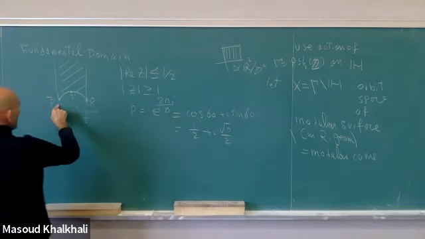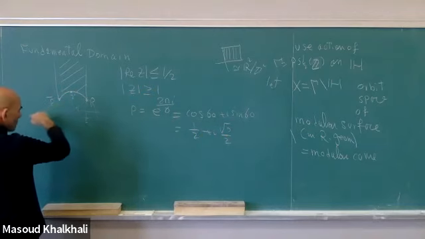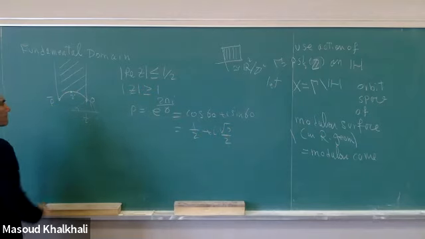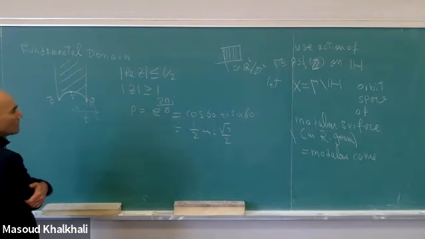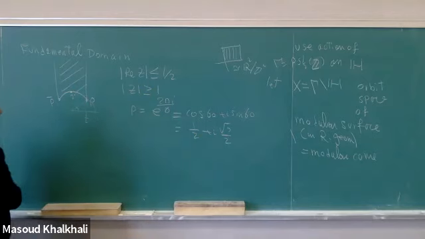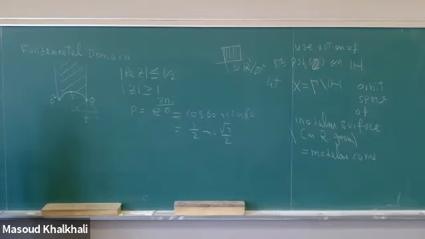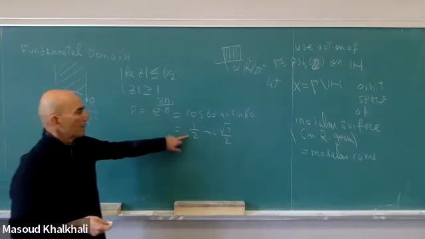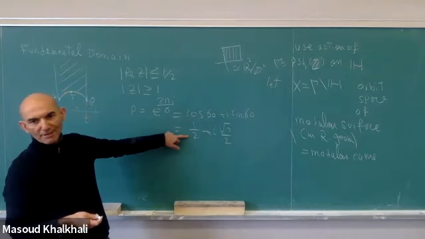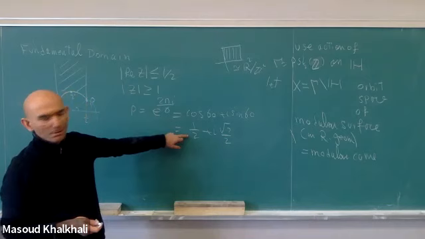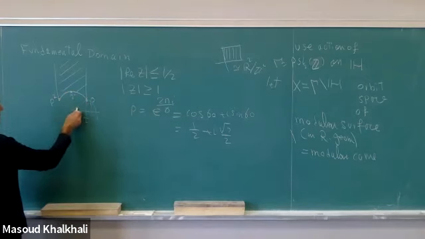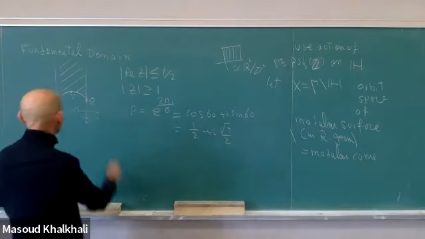And this other point, at minus 1/2, the angle is 120 degrees, so it is rho squared. Anyhow, there are these points.